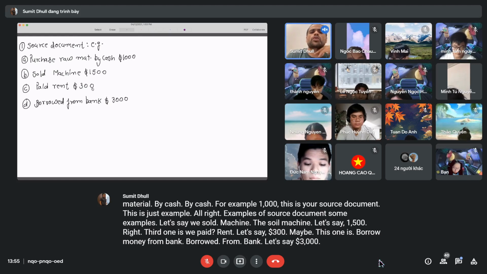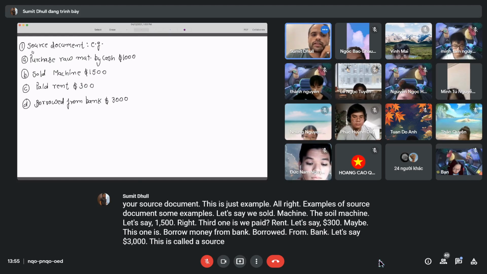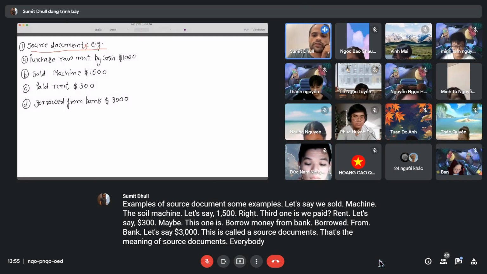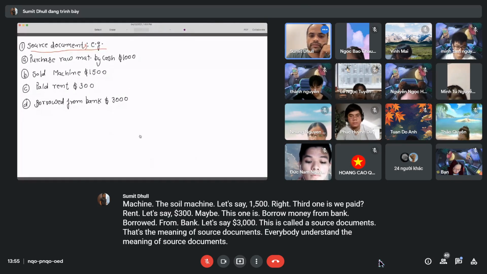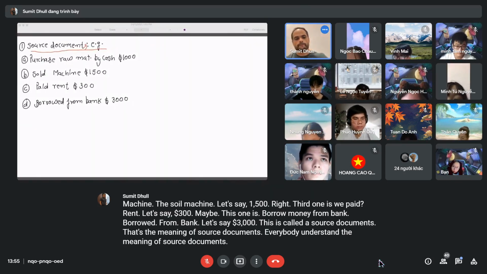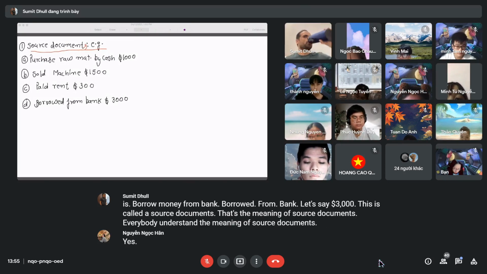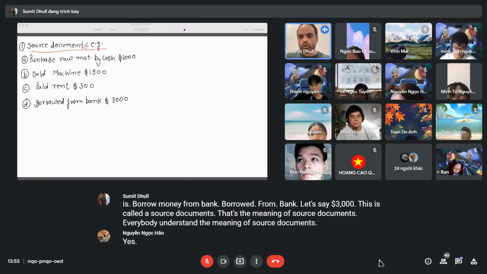This is called source documents. That's the meaning of source documents. Does everybody understand the meaning of source documents? Yes. That's all about your step 1.